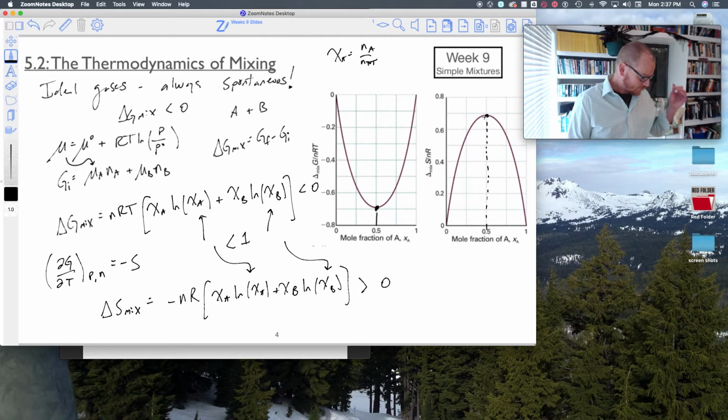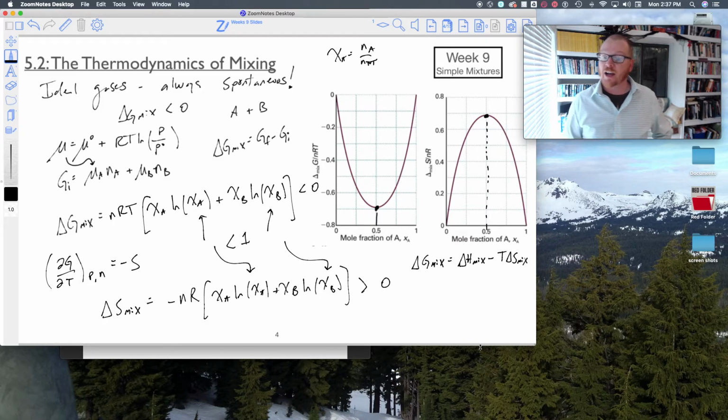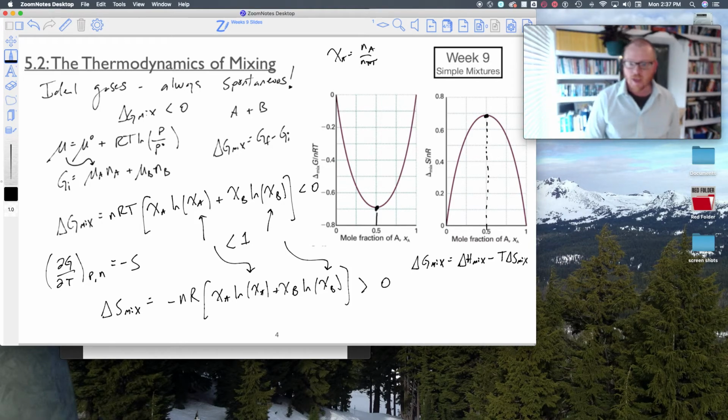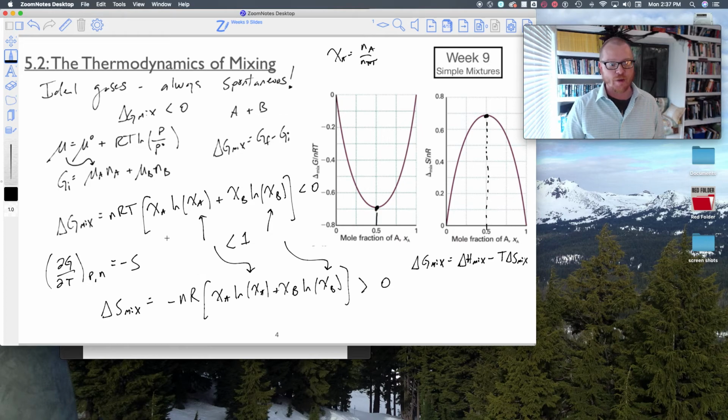Okay? So now, what about delta H of mixing? Well, we recognize that delta G of mixing is going to equal delta H of mixing minus T delta S of mixing. So that comes from remembering that G equals H minus TS. And if you think about this, if I were to plug this in for delta G and plug in this for delta S, look what's going to happen.